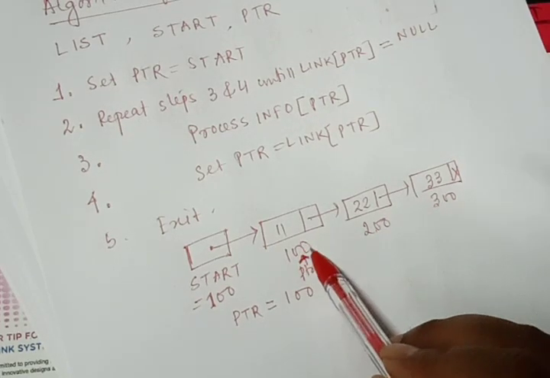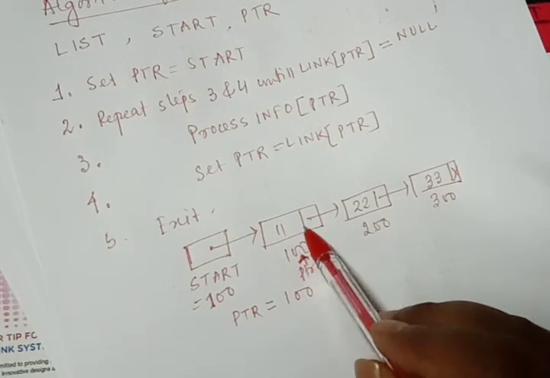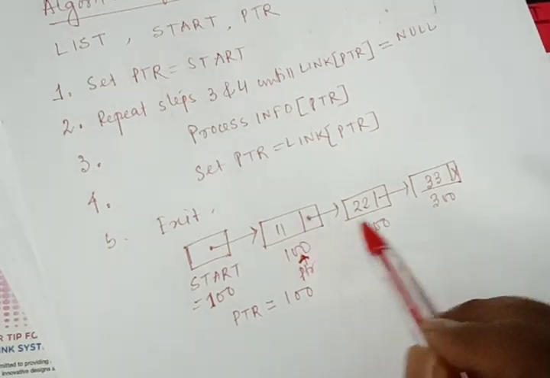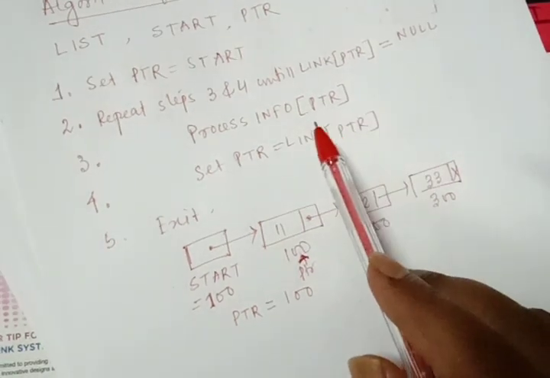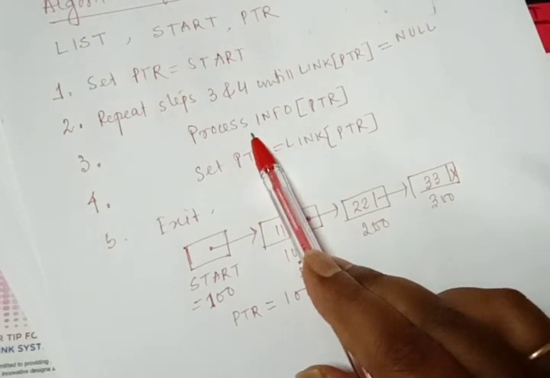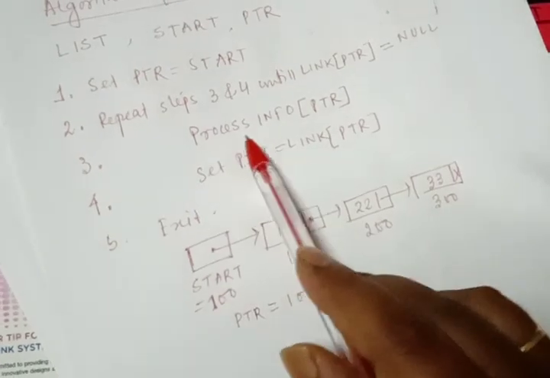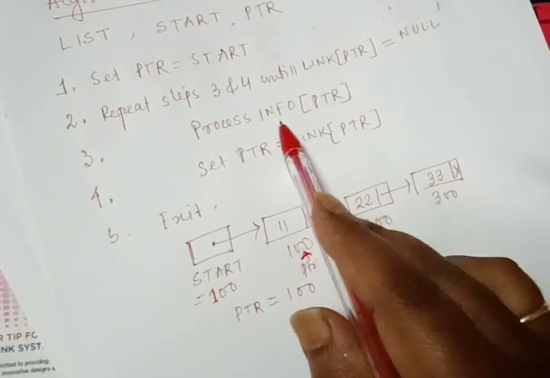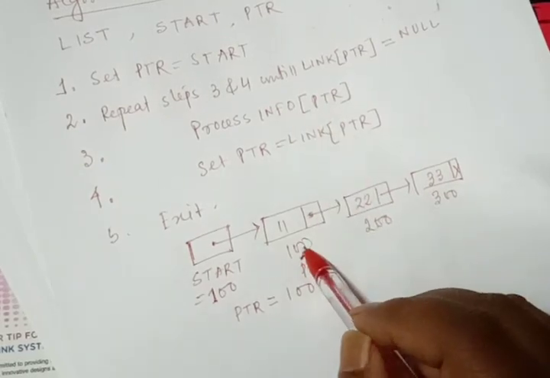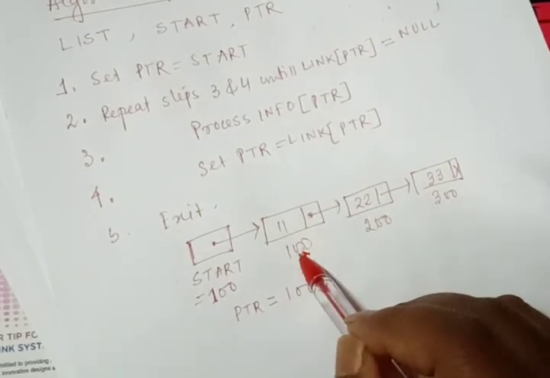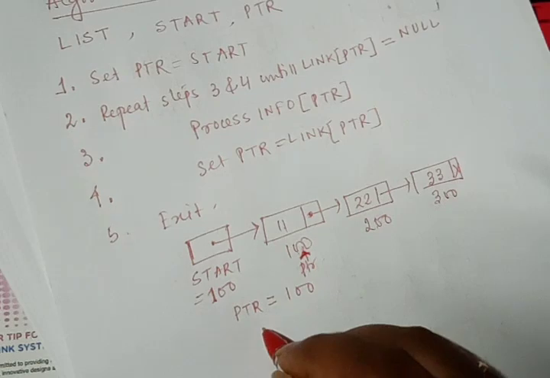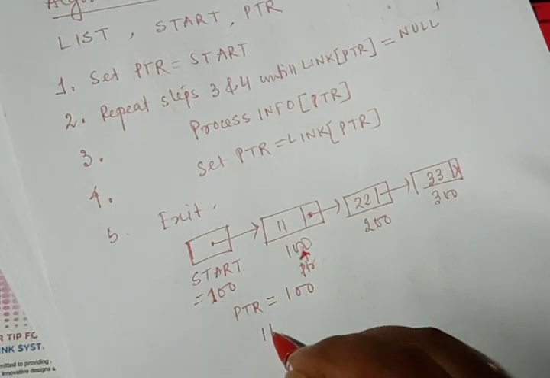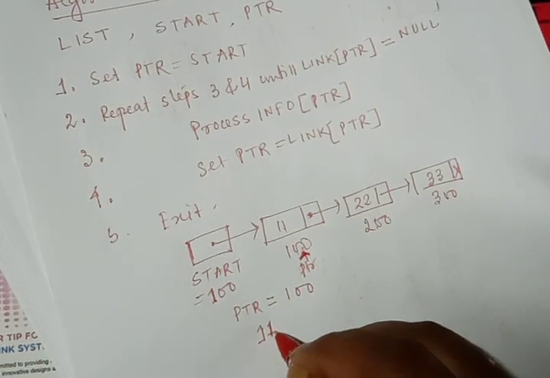So this step will execute, and in step 3, process info of ptr. What is the information part of ptr? Information part of 100 is 11. So it will print or traverse 11.